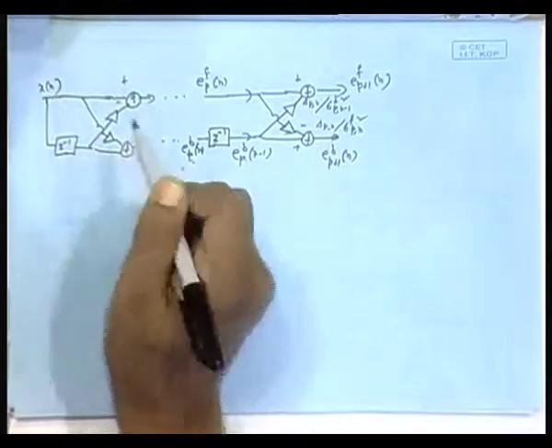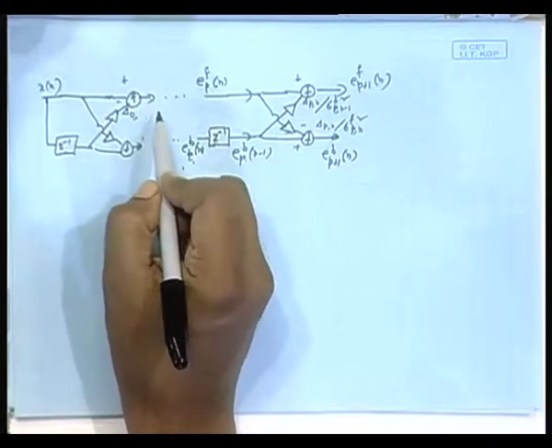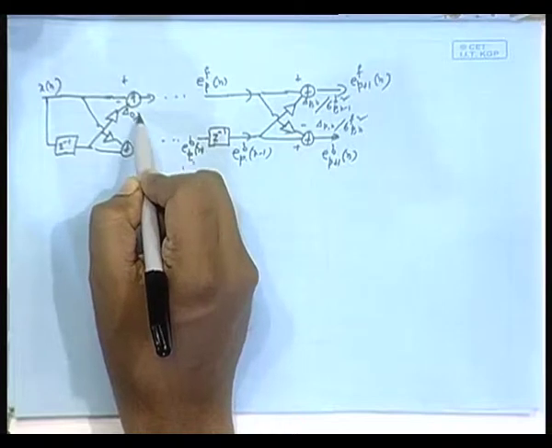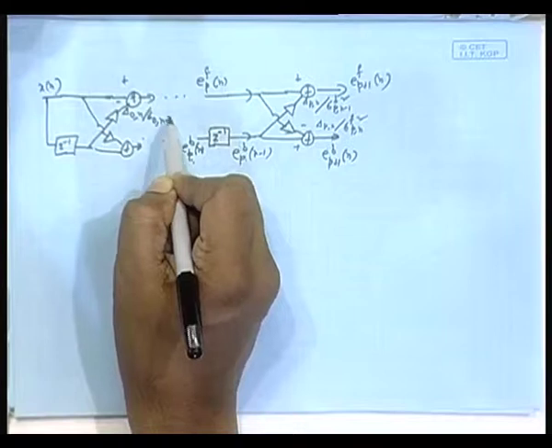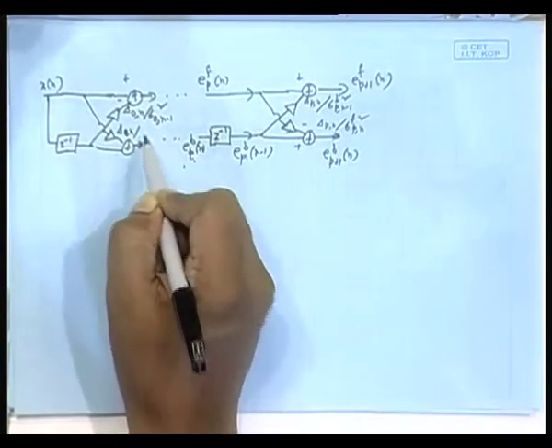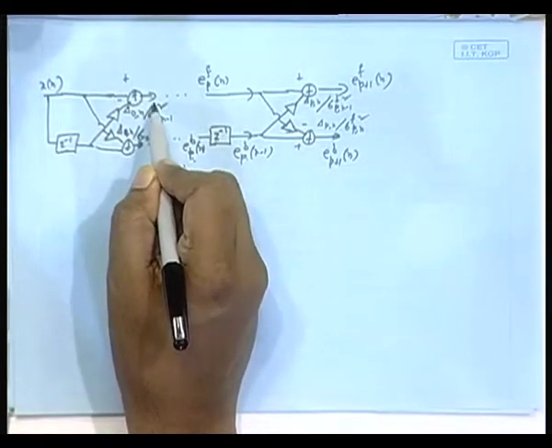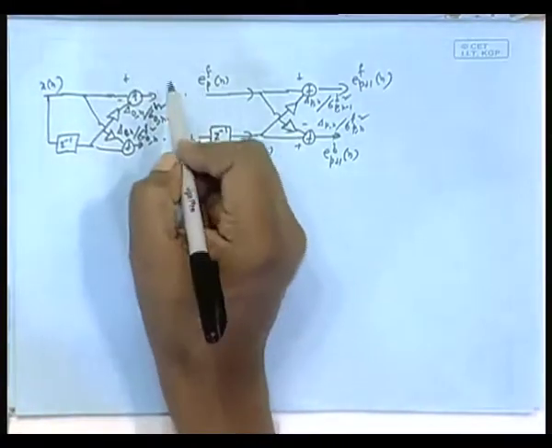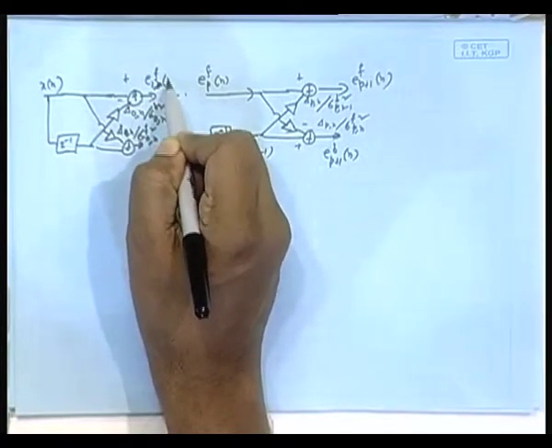This is your xn, like this, okay. So here you get the sequence E1 NF, sorry, you can put this way.